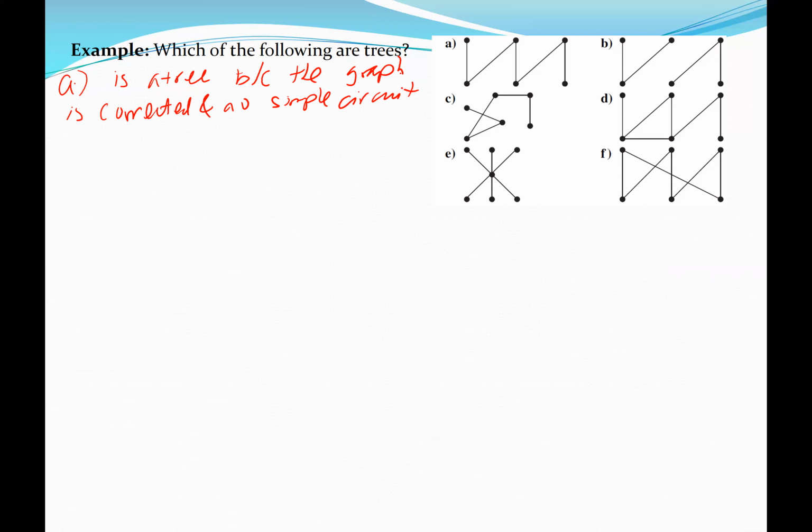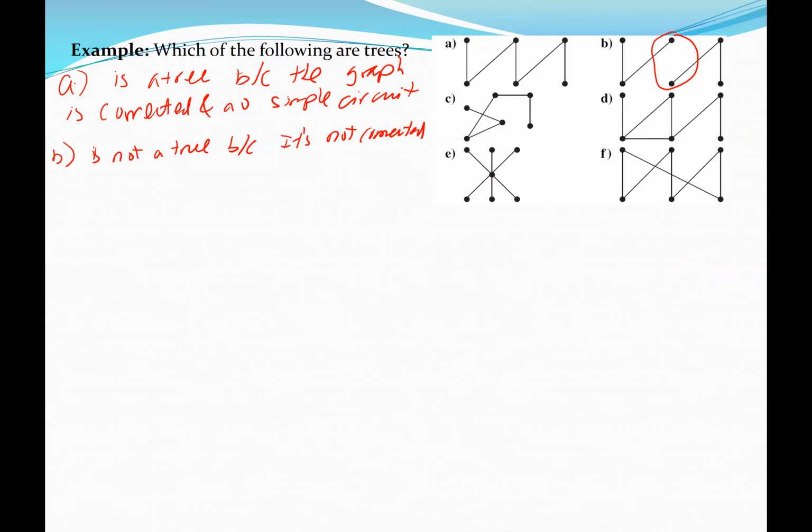How about B? B is not a tree because it is not connected. You can see here in B, those are the gaps, so it's not connected right there.